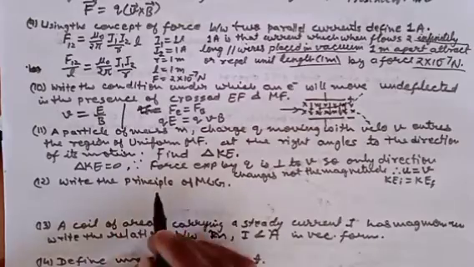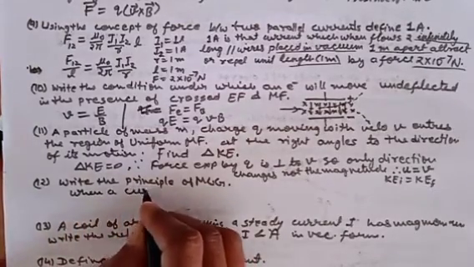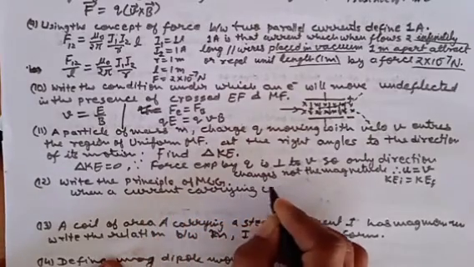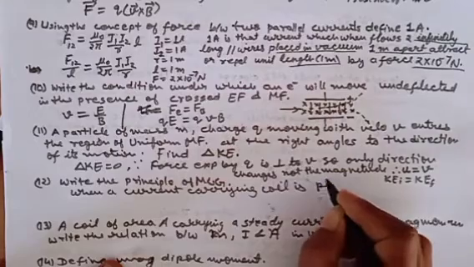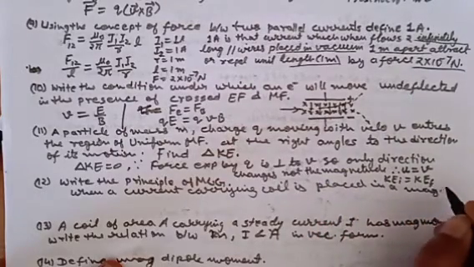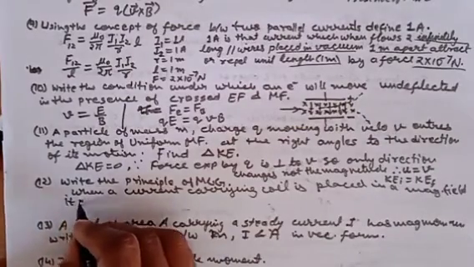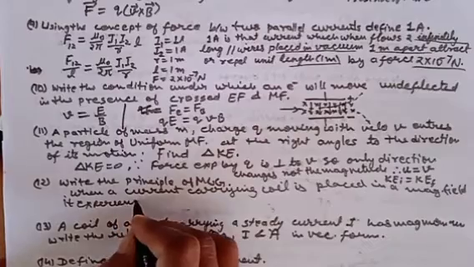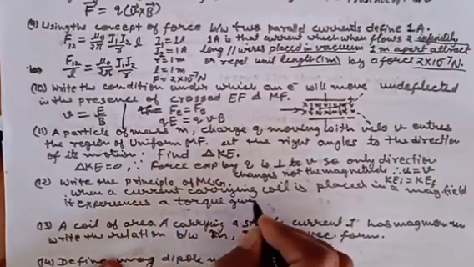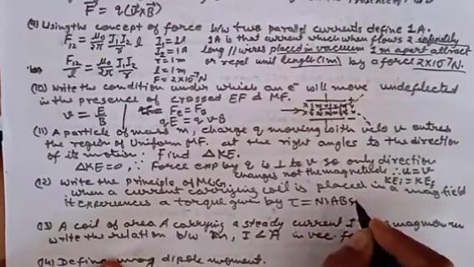Write the principle of moving coil galvanometer. When a current carrying coil is placed in a magnetic field, it experiences a torque given by tau equal to NIAB sine theta.